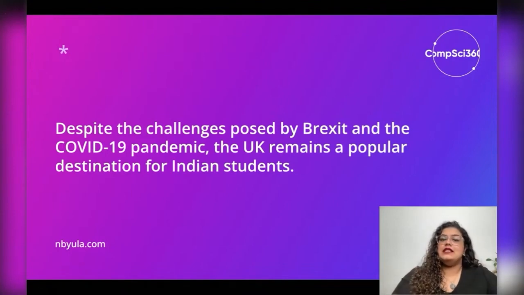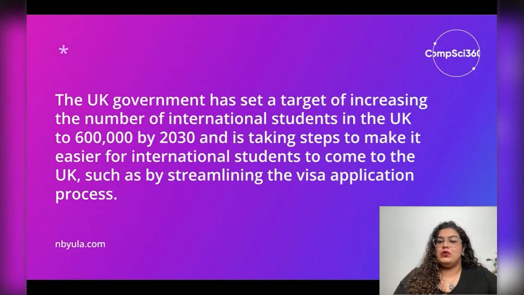The UK government has set a target of increasing the number of international students in the UK to 600,000 by 2030. Like I mentioned earlier, there is no stopping. The UK is going to keep coming up with policies and ideations to attract Indian students to the UK for recruitment and education. So this is the target that the UK is setting for international students.